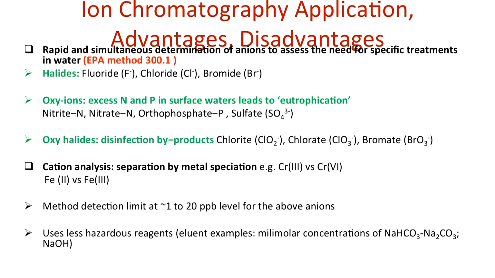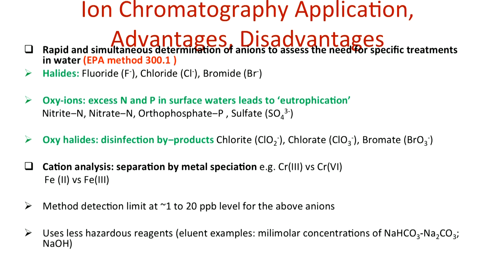Remember that excess nitrogen and phosphorus is not good in surface water because it can cause eutrophication, or excess nutrients in the surface water, which will cause algal bloom. And disinfection products can also be determined using IC. Examples of these are chlorite, chlorate, and bromate.